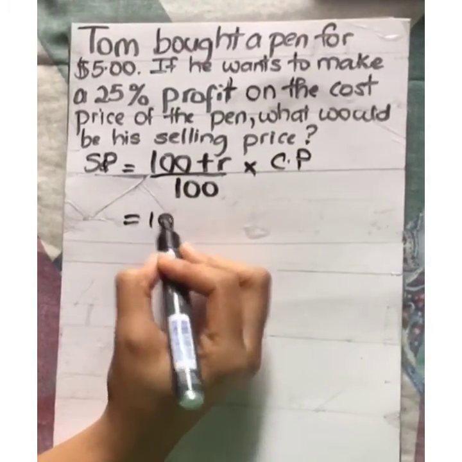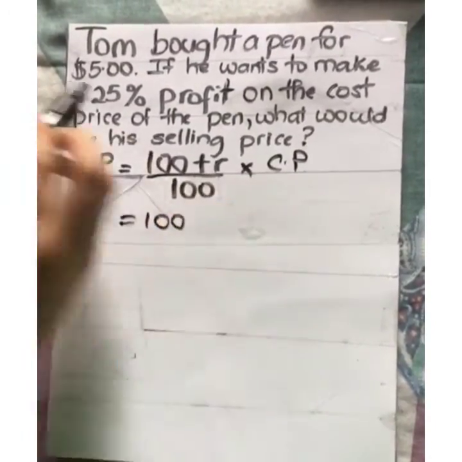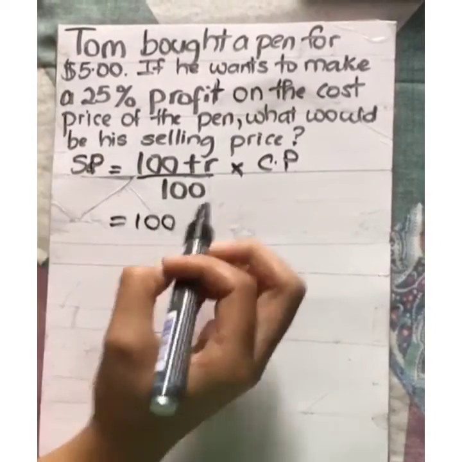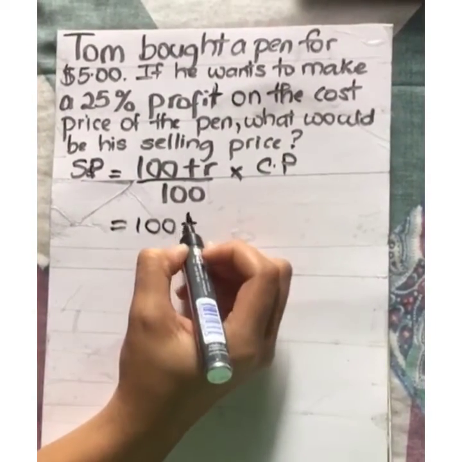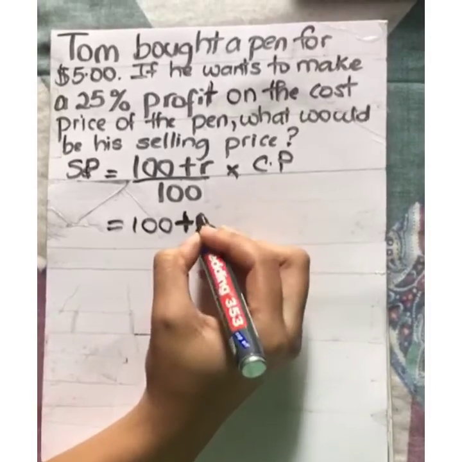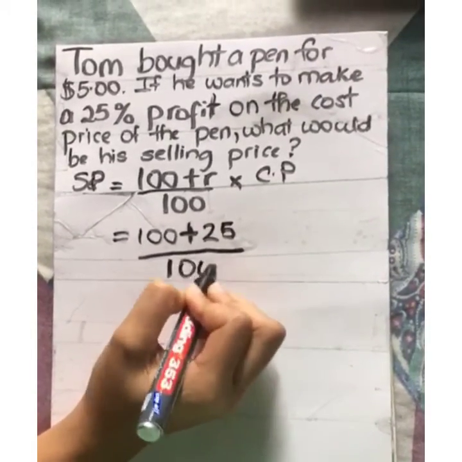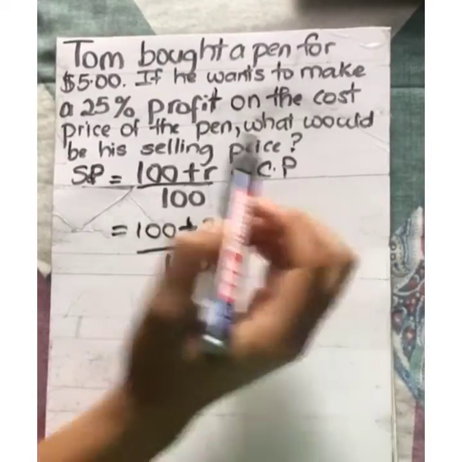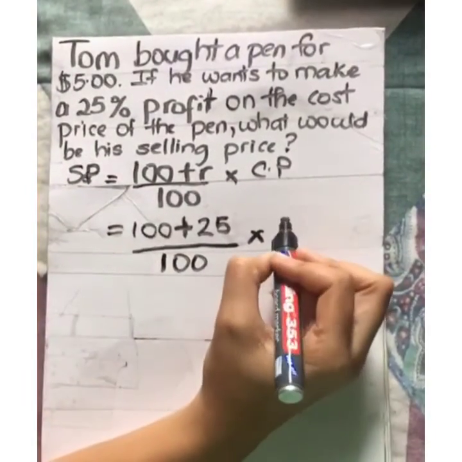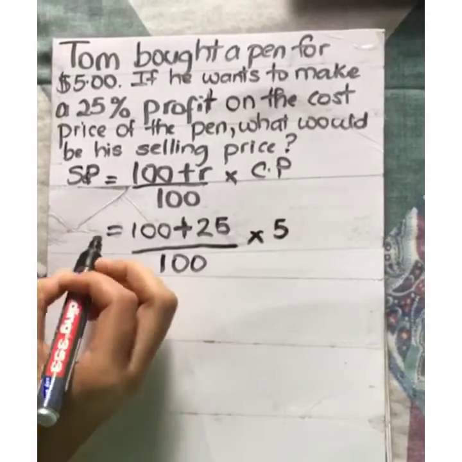So we'll have 100 plus R, which in this case is percentage profit, so it would be plus 25 divided by 100 times $5, which would be the cost price.